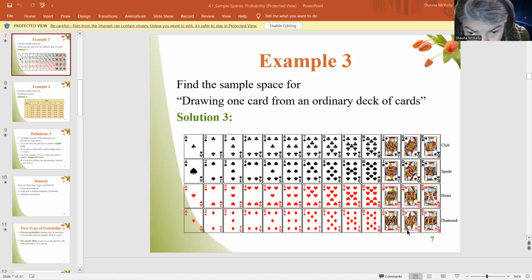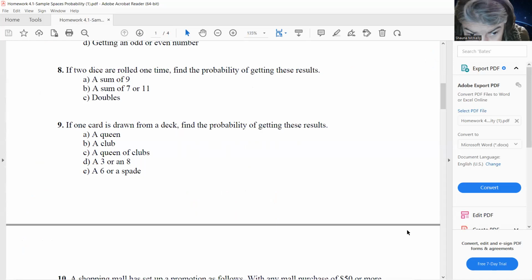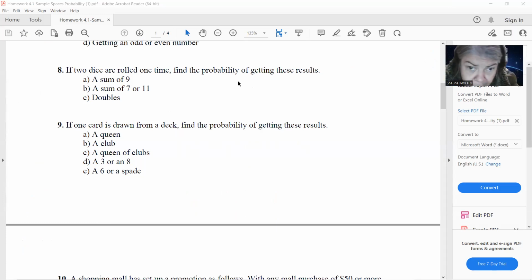It says, if one card is drawn from a deck, find the probability of getting a queen. All right, let's look at the first one here. This is number 9 on your paper, and we're looking at 9A, the probability of a queen.